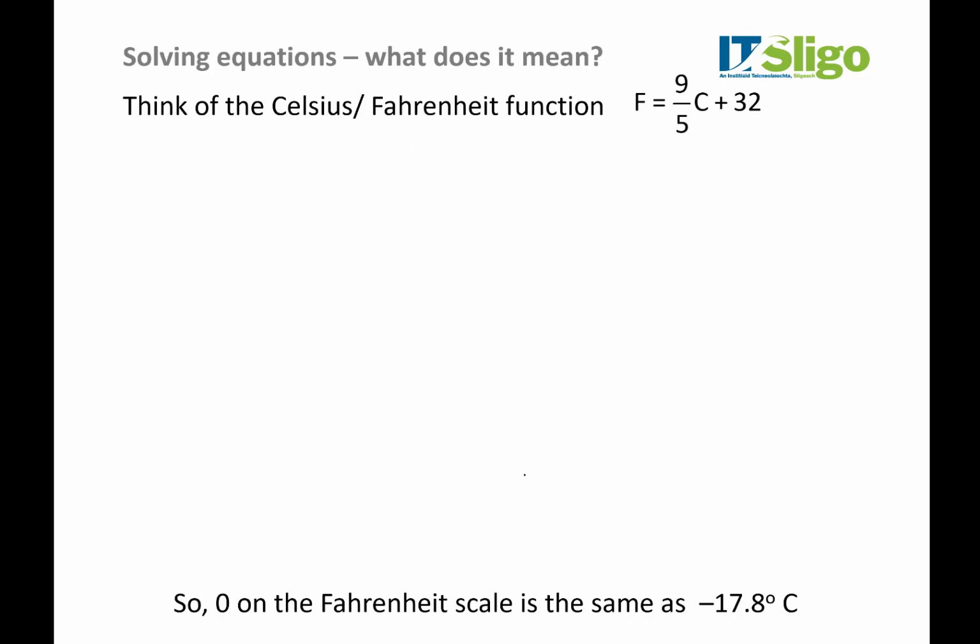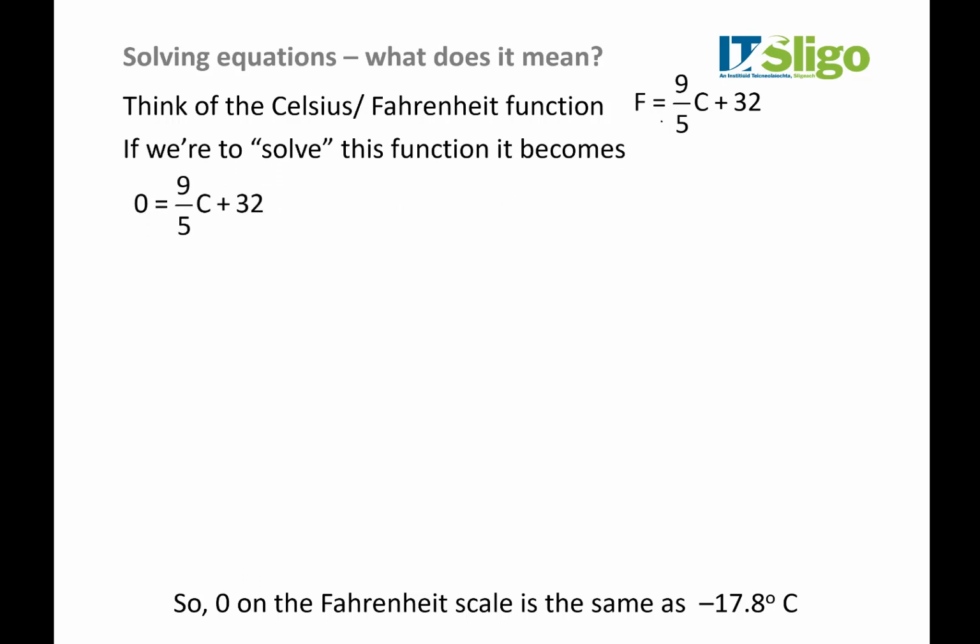So think of our Fahrenheit function. F is equal to 9 over 5 C plus 32. Again, guys, this is a linear function because the highest power on my input is 1, but it's not proportional because there's two terms in it. If we solve this function, it's the exact same as before. We subtract 32 from both sides to move the 32.